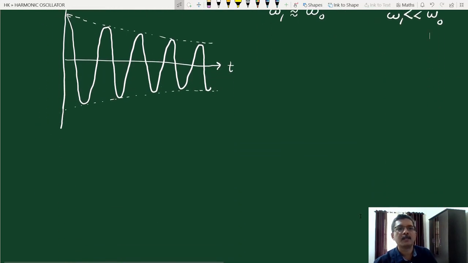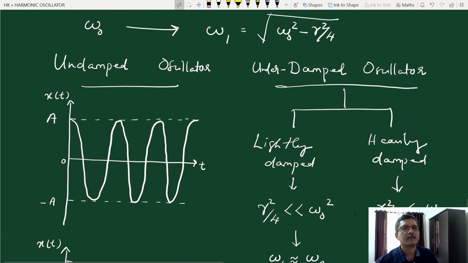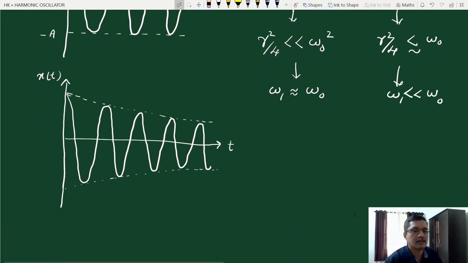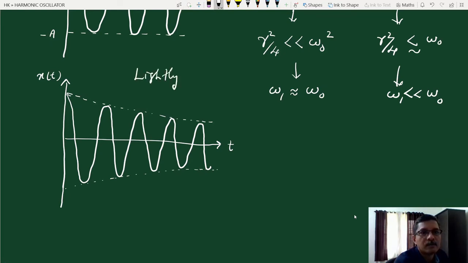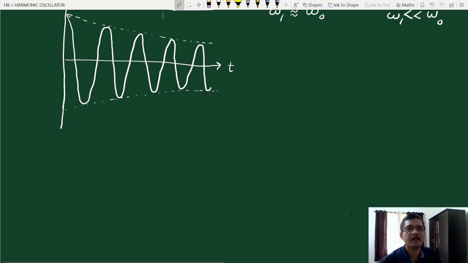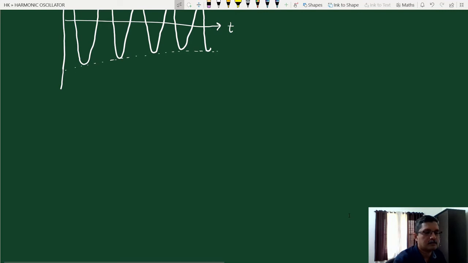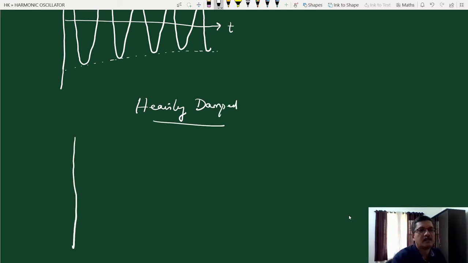So if you plot a heavily damped oscillator, this is undamped and this is lightly damped. Now if I plot a heavily damped oscillator, it's still oscillatory, it's still the underdamped case, but the damping is very strong.